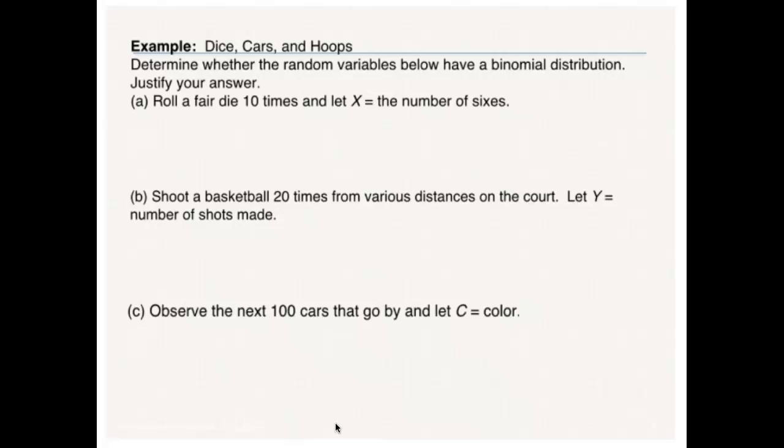Is it binary? The answer here is yes. Since we're only concerned about 6s, we would consider a 6 a success, and anything else we would call a failure in that setting. So that can be considered binary.